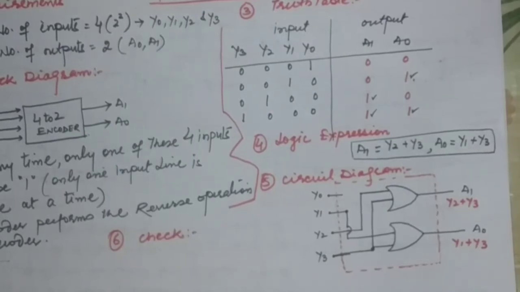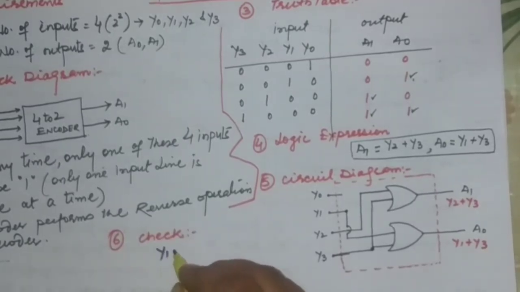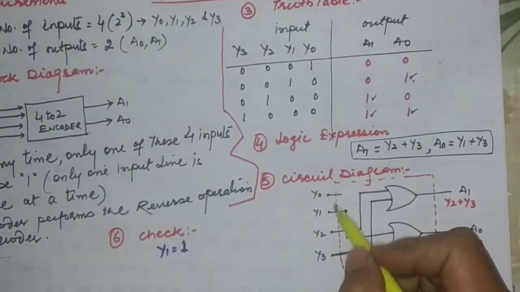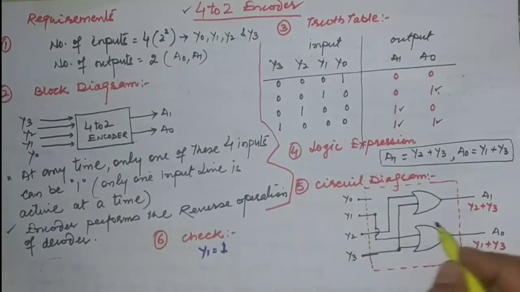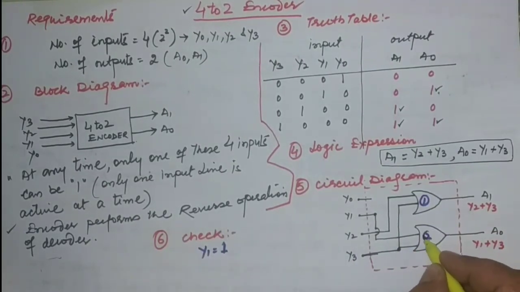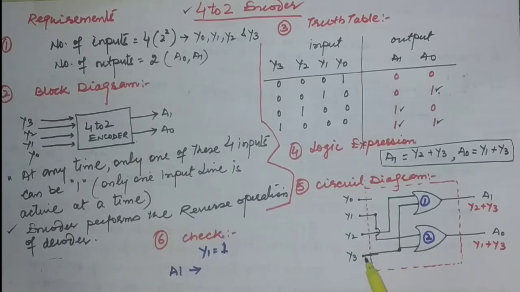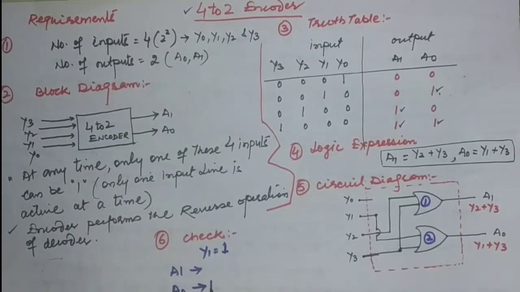Say for example, if y1 is equal to 1 and the rest of the inputs are zeros, then from the OR gate for A0 we are getting 1, so A0 is equal to 1.